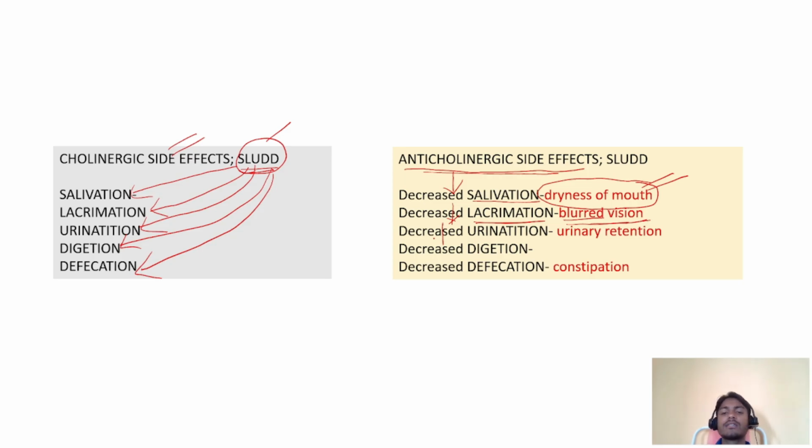Decreased urination means urinary retention, improper digestion, and decreased defecation, which we call constipation. So dryness of mouth, blurred vision, urinary retention and constipation are the side effects of anticholinergic drugs. With this we have completed sympathomimetics and sympatholytic drugs.